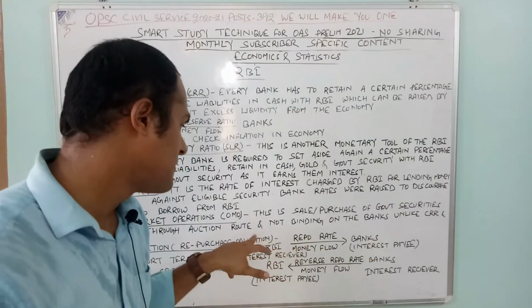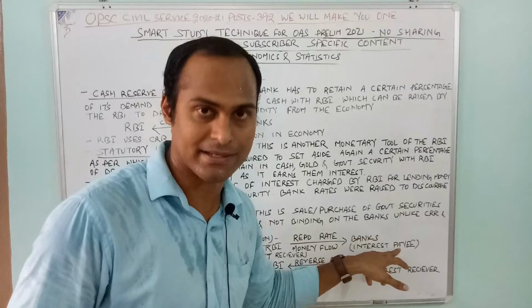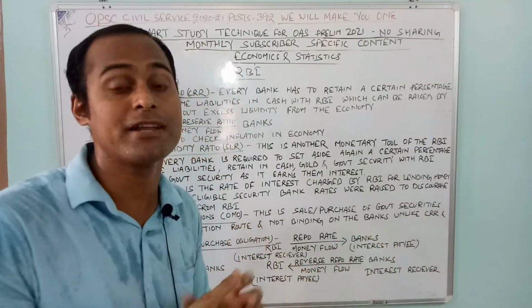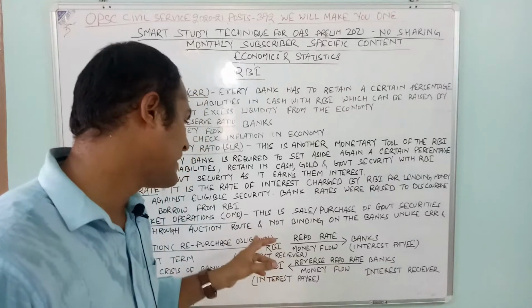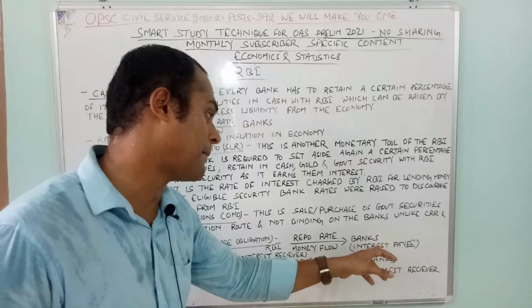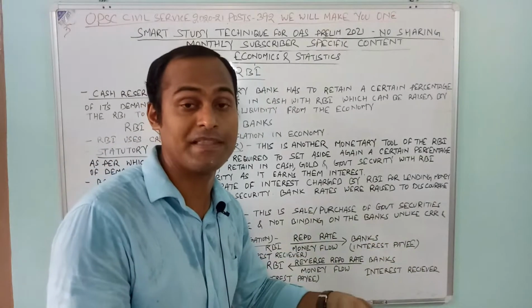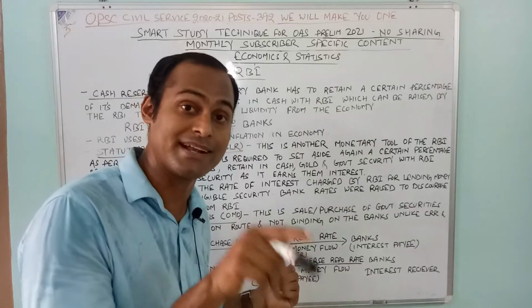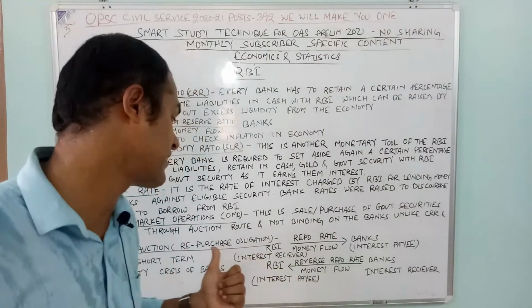Repo rate is when money flows to banks, meaning banks take money from RBI. What will happen? The interest receiver will be RBI and banks will be the interest payee. They will be paying interest to RBI in the repo rate. That is repo rate, the repurchase rate.